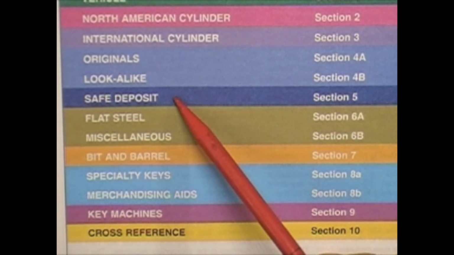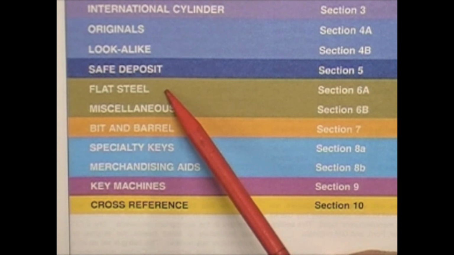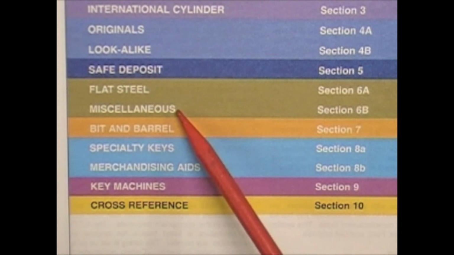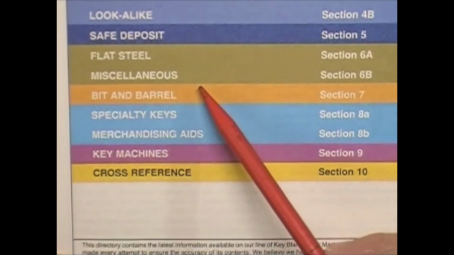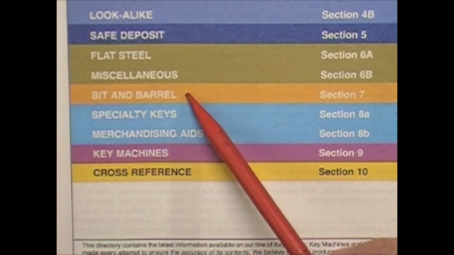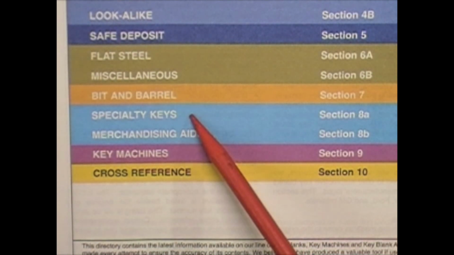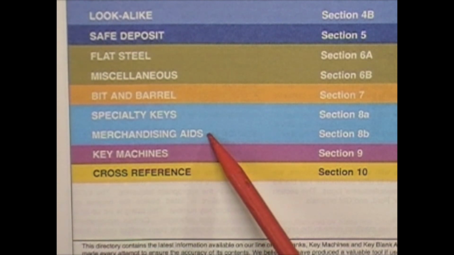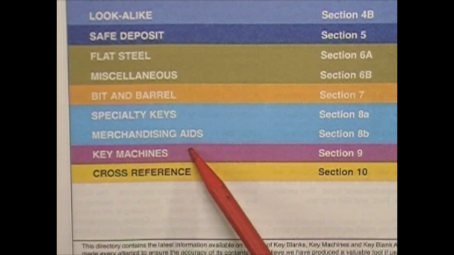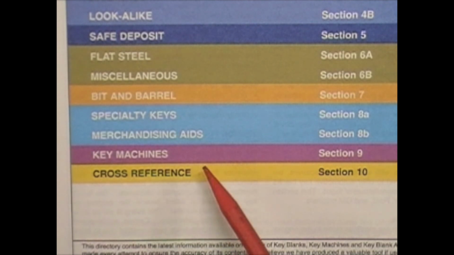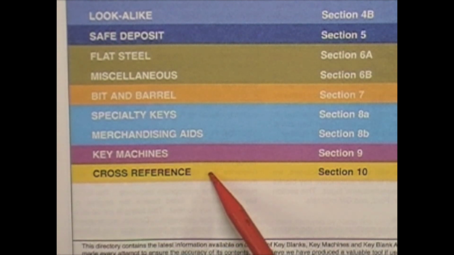Section 5 is safe deposit box keys. 6A is flat steel keys. 6B is miscellaneous keys. 7 is bit keys and barrel keys. Section 8A is specialty keys. 8B, merchandising aids. Section 9 has to do with key machines, and then Section 10 also includes a cross-reference.